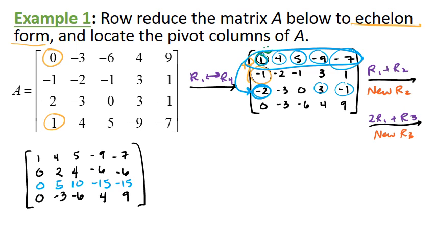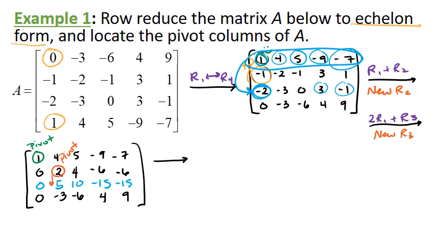Now, this is great news because this is a pivot and everything below that is a 0. Well, now this is also a pivot. So everything below this must be a 0, and that's what we're going to work on now. Same thing as before.